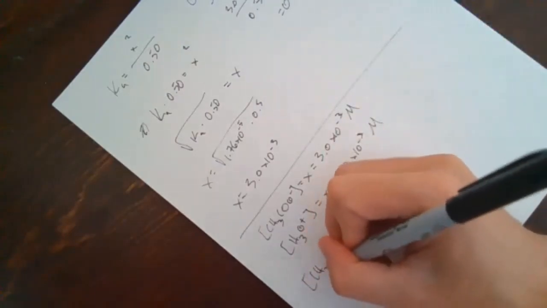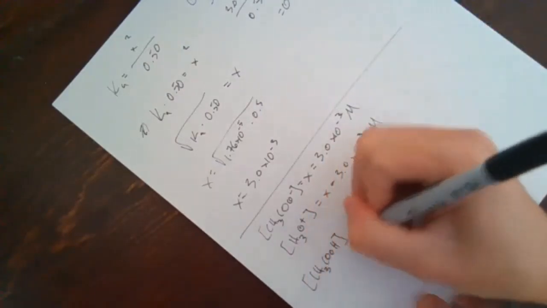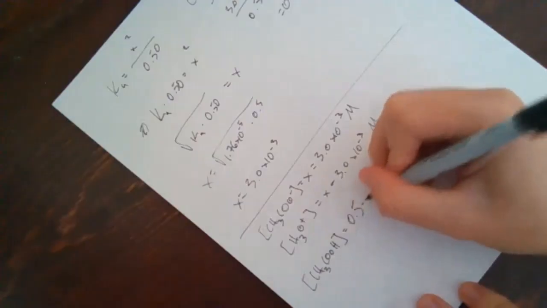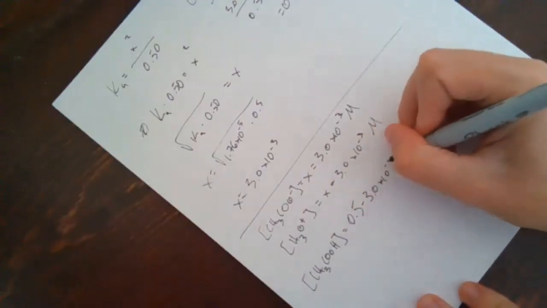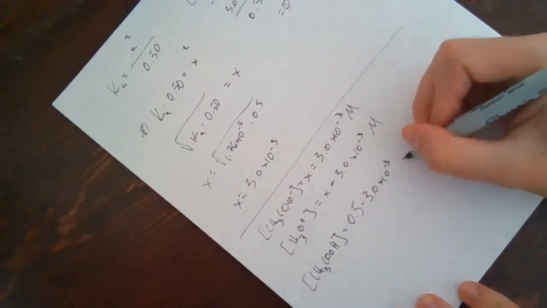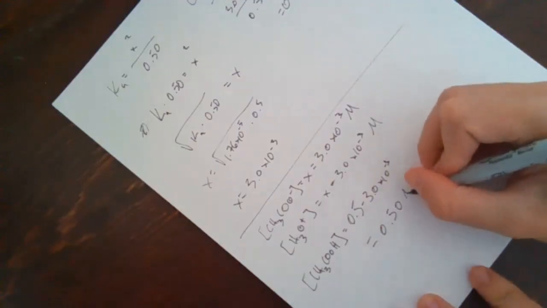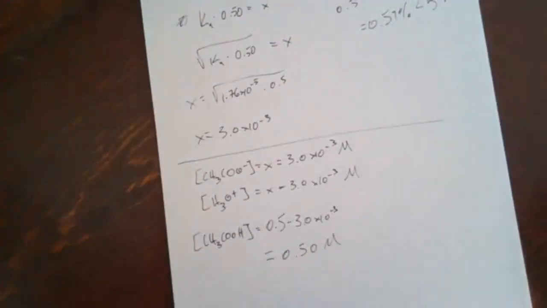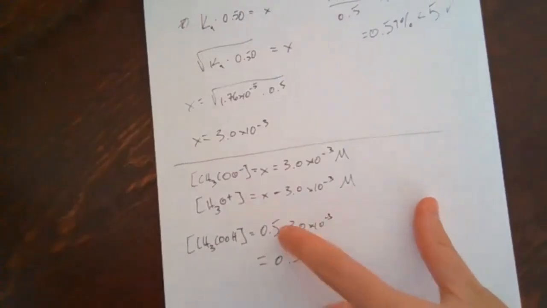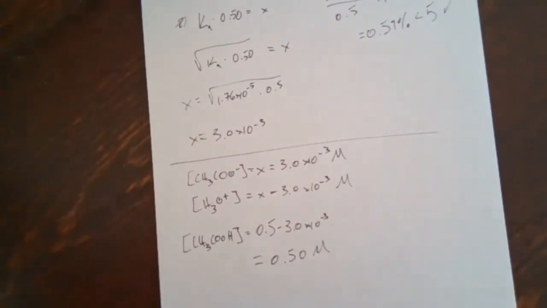And the concentration of acetic acid that's still in solution is 0.5 minus 3.0 times 10 to the negative third, which just ends up being 0.50 molar. Again, the approximation was that this didn't really change it, and that holds true. And so we end up with these values.